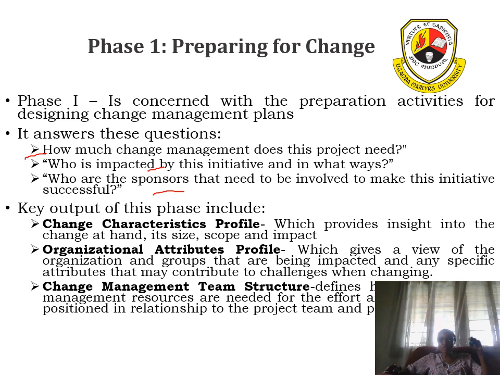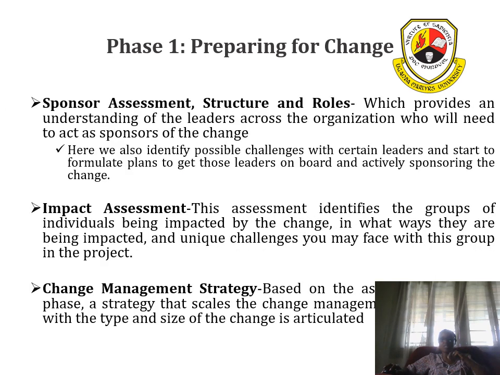We profile also the attributes, the groups of people that will be affected, what contribution will this change have. Then the change management team, who is going to take leadership of this change management. That's basically the planning process.